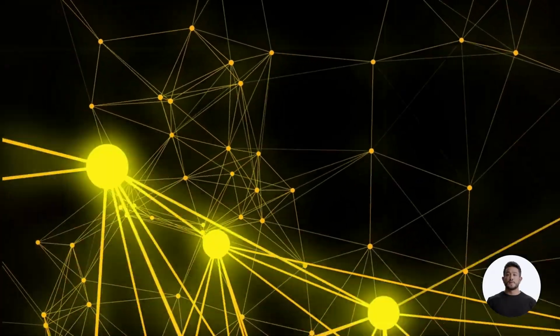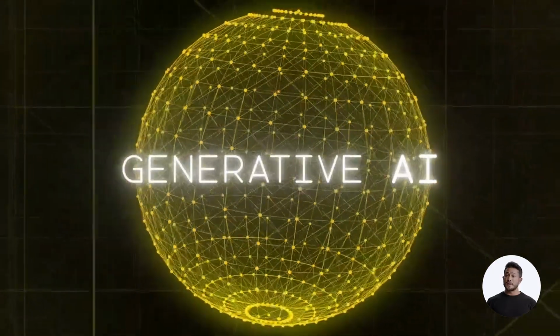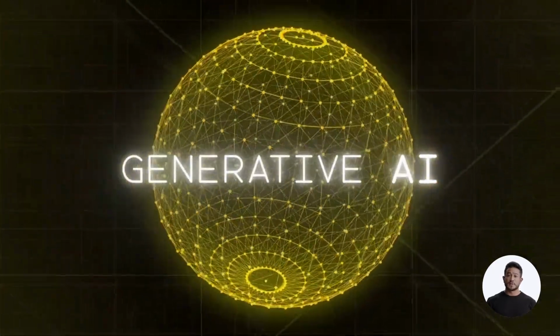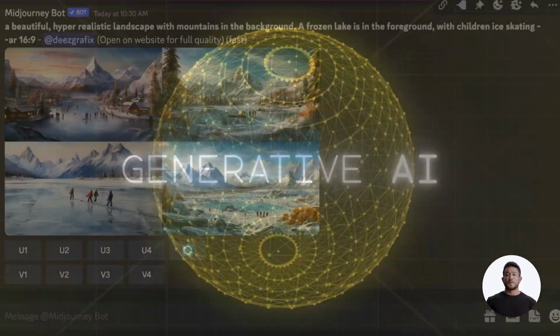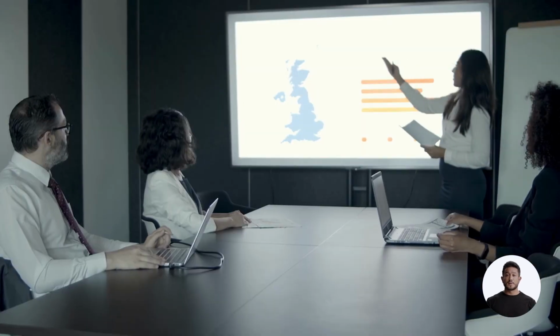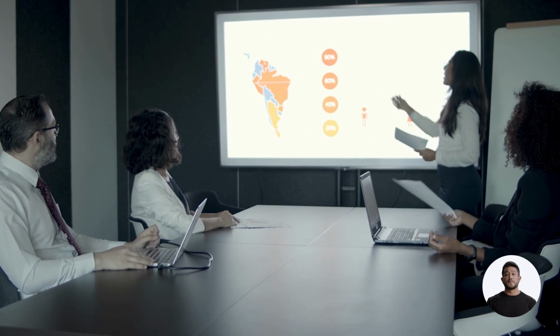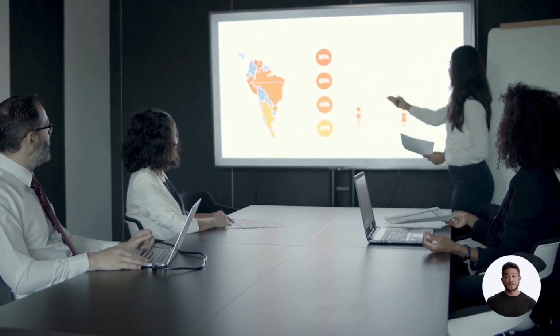In today's lesson, we're going to start with an overview of generative AI: what it is, how it works, and why it's such a big deal. Then, we'll move on to an introduction to Midjourney, where we'll see how this tool fits into the broader picture of AI-driven creativity. I'll be sharing slides and visuals along the way, so I encourage you to follow along with the screen sharing feature.